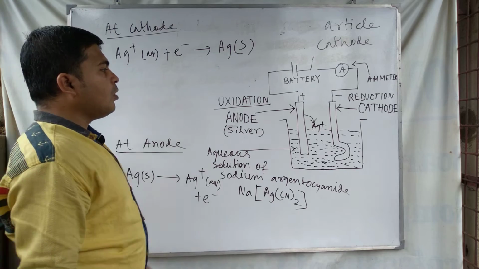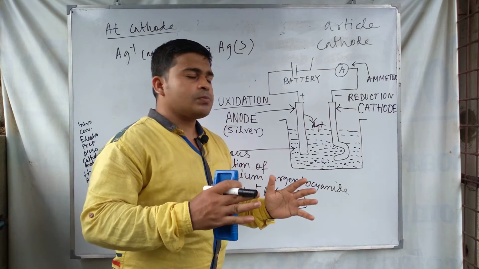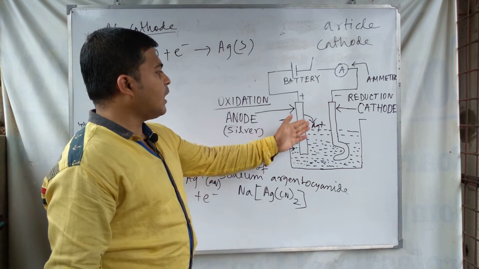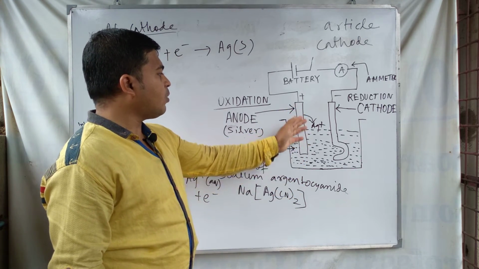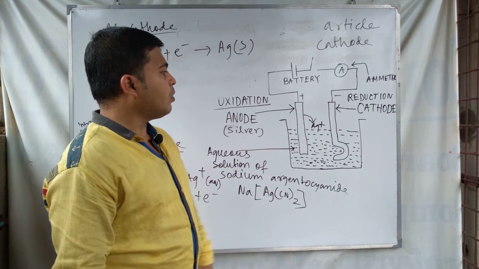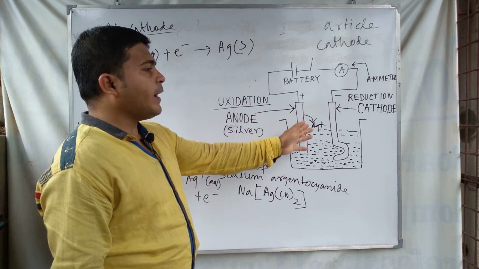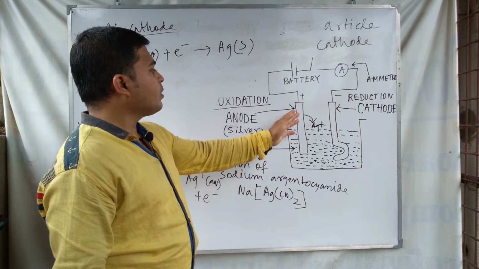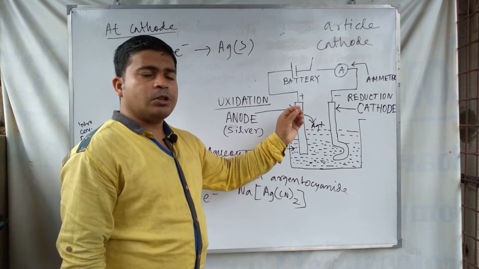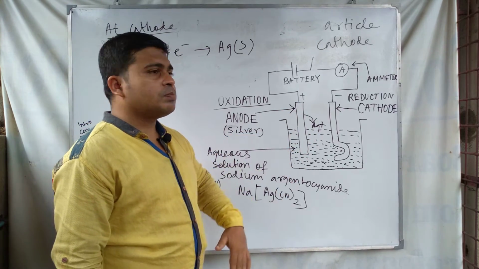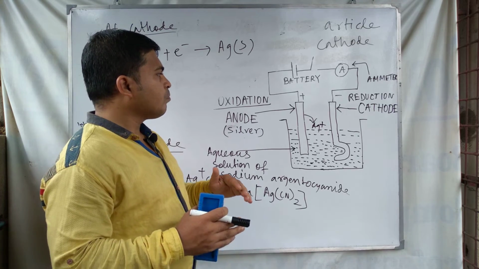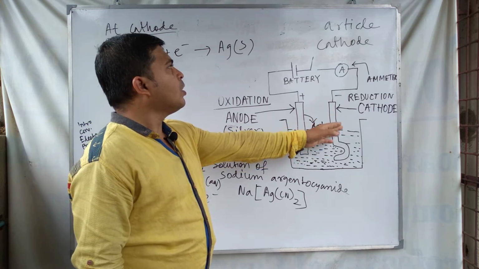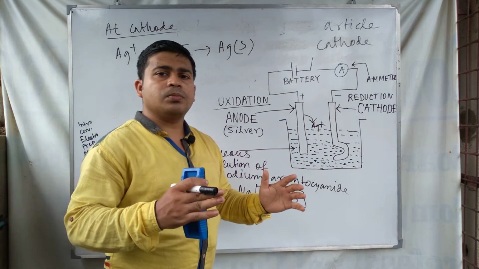So the cathode electrode is becoming thicker and the anode electrode is becoming thinner, by the loss of silver atoms from the silver block as silver plus ions, because oxidation occurs at anode. And the article is becoming thicker.